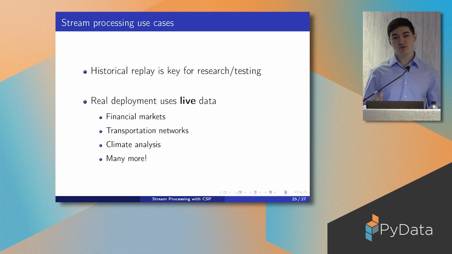Or you might have different modes of transportation, which is what we'll actually look at in the demo. In terms of climate analysis, we have an example on our GitHub where we look at different earthquake sensing stations around the world. You can pull that data in to do some real-time inference on seismic events. And of course, there are many other industries and applications, which I just didn't mention here. But anything where you have asynchronous real-time data, and especially multiple sources, stream processing is probably the tool best suited for that purpose.